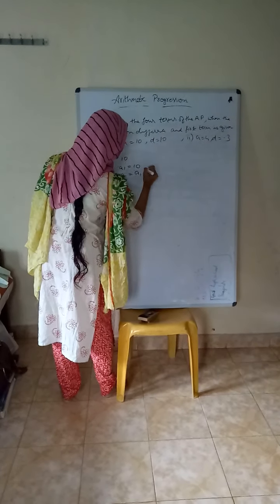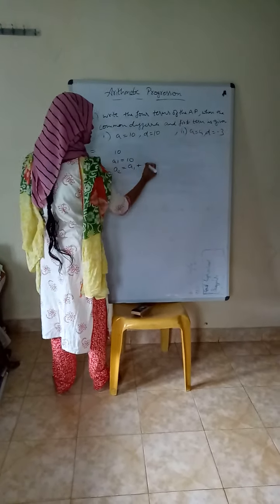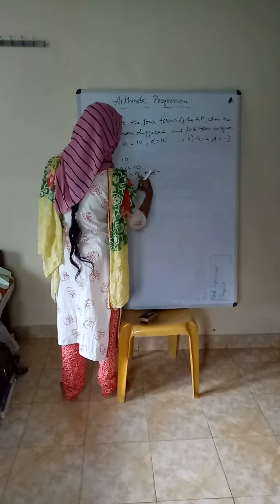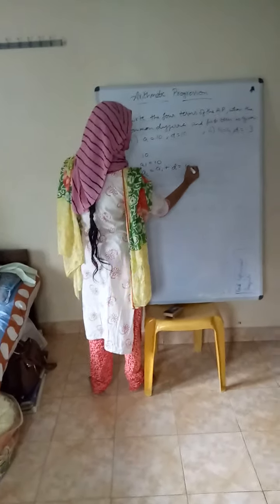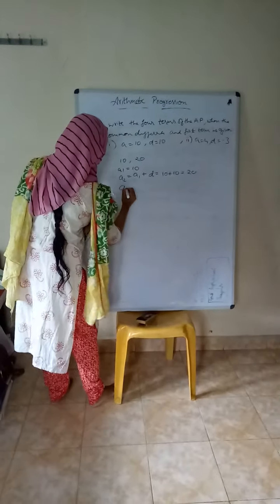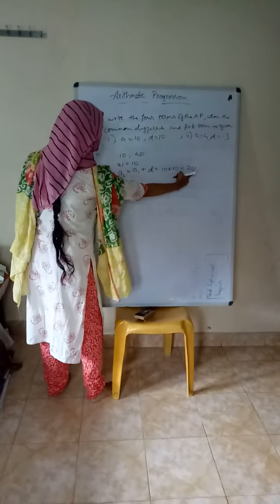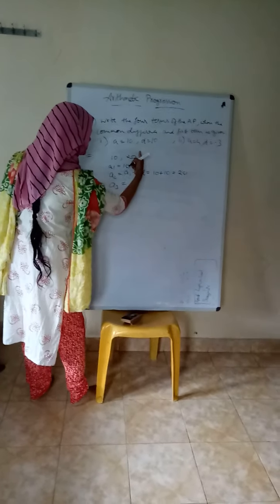Then what will be A2? A2 is equal to A1 plus d. You are adding d to the previous term. A1 is 10, d is also 10. It becomes 20, so the next term will be 20. Then what will be the third term? You are adding d to A2.